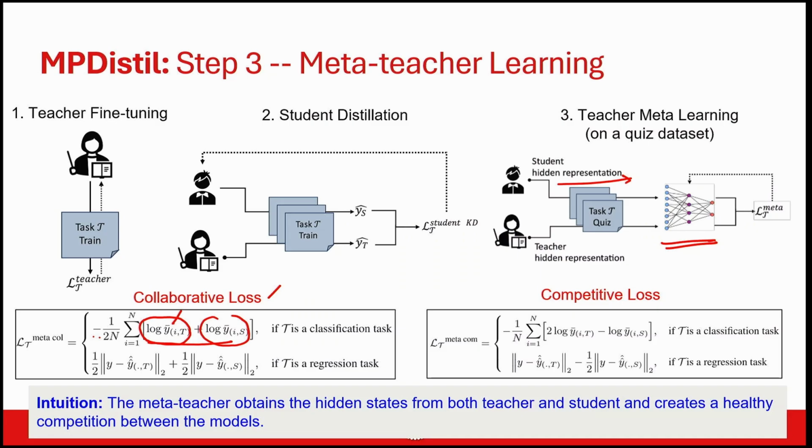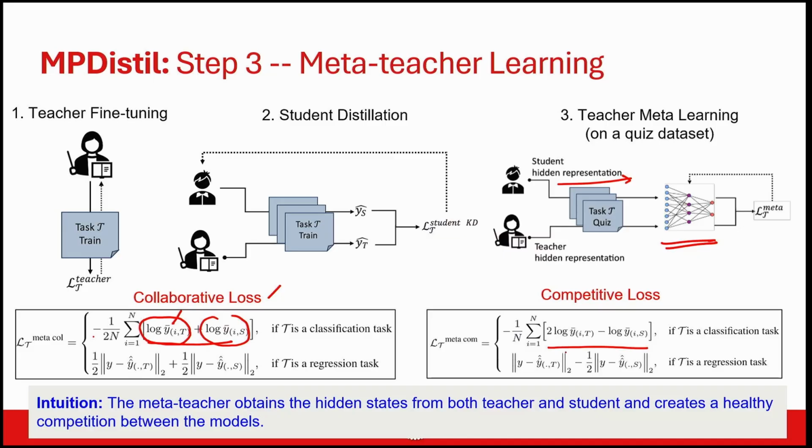What is the meaning of this loss? If I maximize both the logits, it means I prefer both teacher and student, and this is called the collaborative loss. You collaborate. At the same time, there is another loss called the competitive loss.